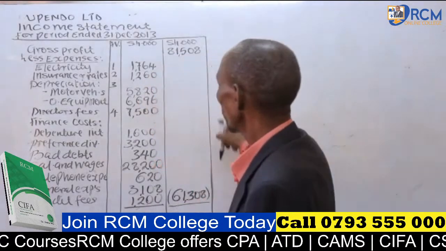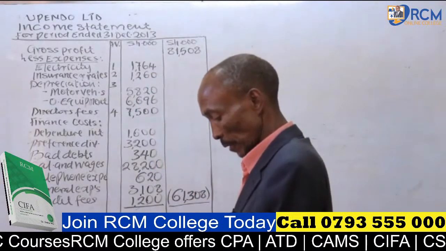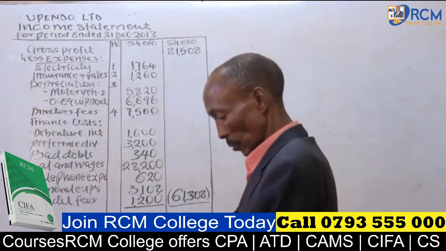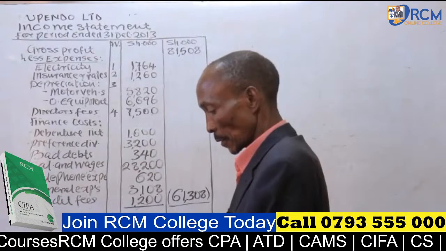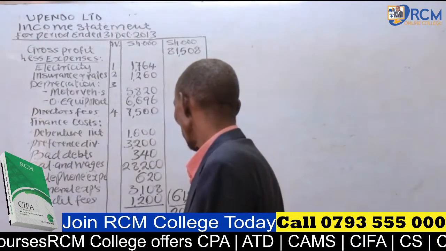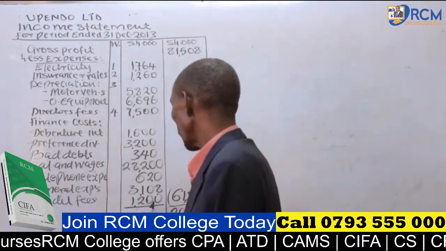Therefore, it should be deducted from the gross profit, minus 81,508. We have 2200. And what is this?